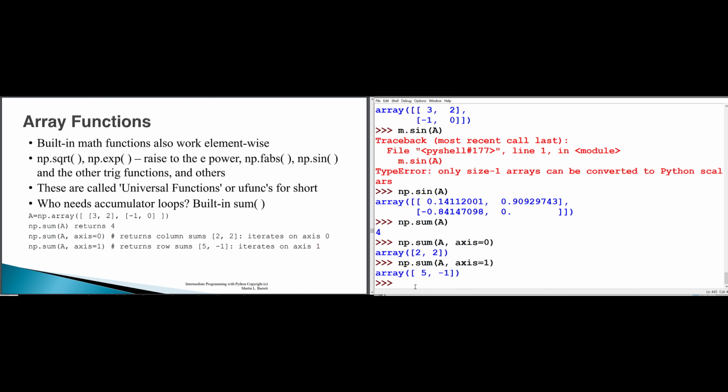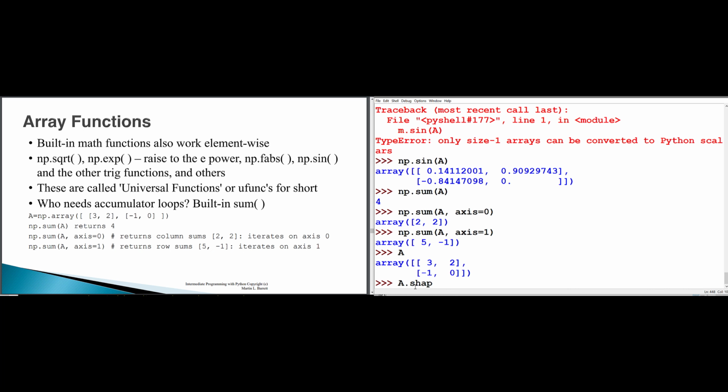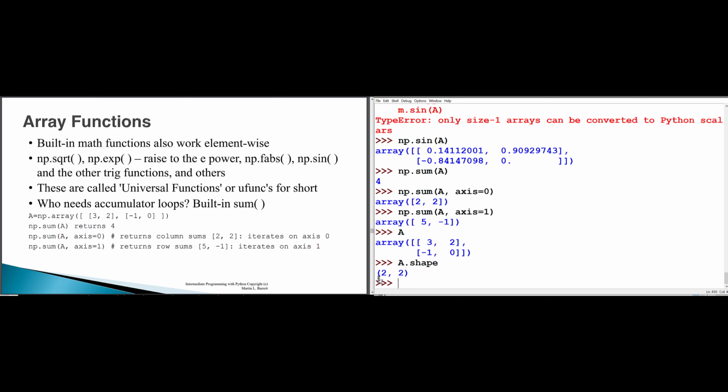However, let me show you. Here's A. Remember, A's shape is 2 rows and 2 columns. Axis 0 is over the rows. Axis 1 is over the columns. So if you have a 3-dimensional array, let me do that. Let me create G as np.random.rand.